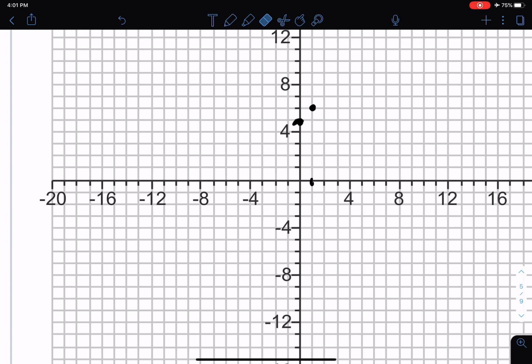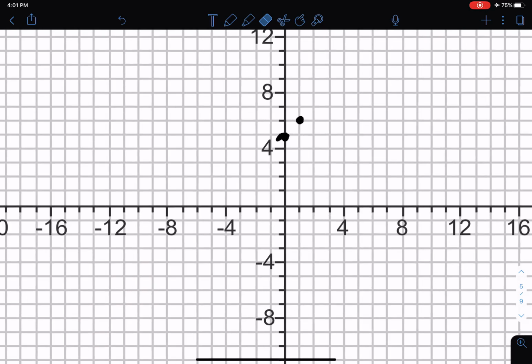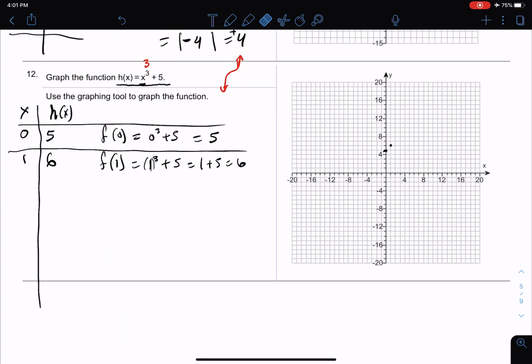So far, let's do another one. Let's put in another point like 2. You know what, I have to be technical here. It says h of x, so I'm going to go back and make h's there. It really wouldn't have made a difference in my graph, but I should show proper form. This is h of x.